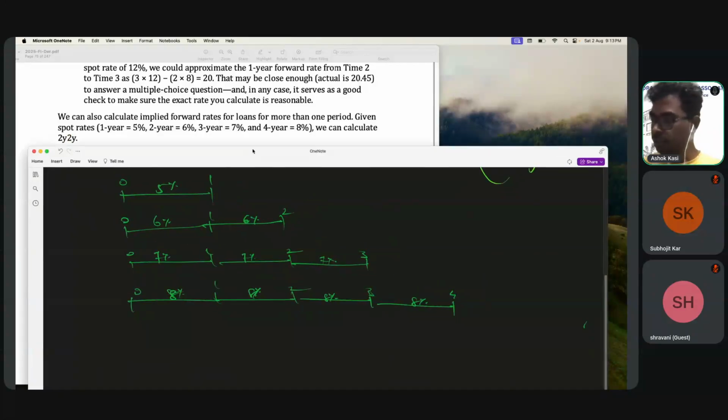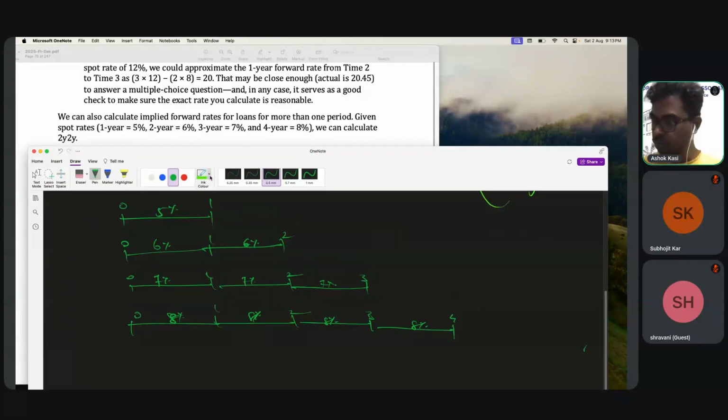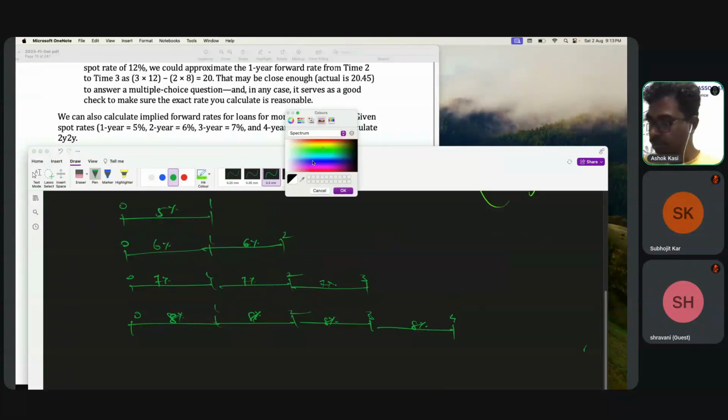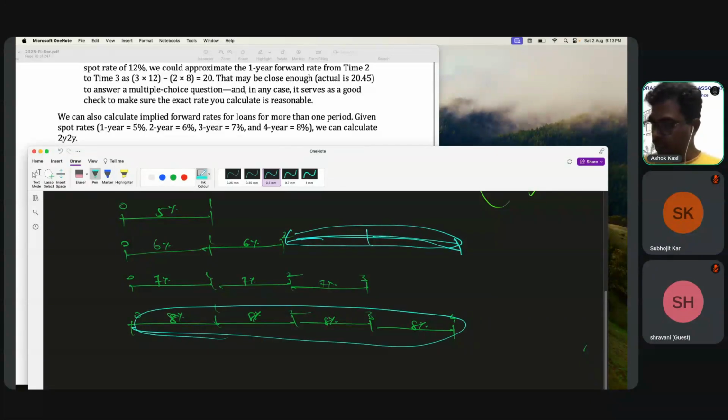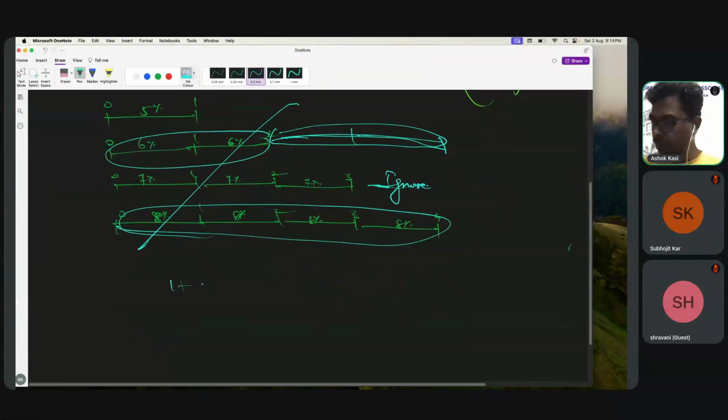So what we need to calculate is 2y 2y. So how to get this? We can take the entire 4 years and remove the 2 years. Ignore the third line. So how will I do it now? 1 plus 8 percentage raised to 4 divided by 1 plus 6 percentage raised to 2.